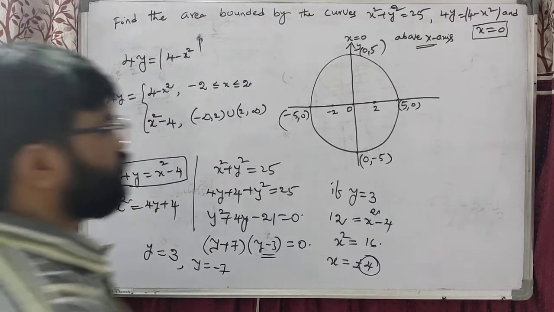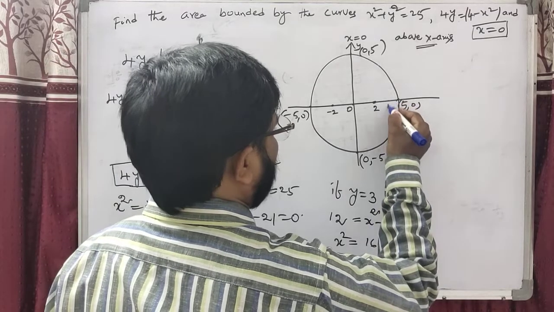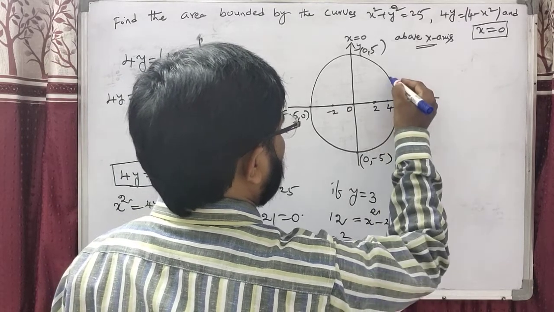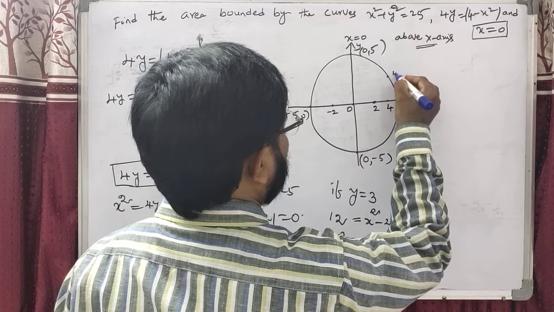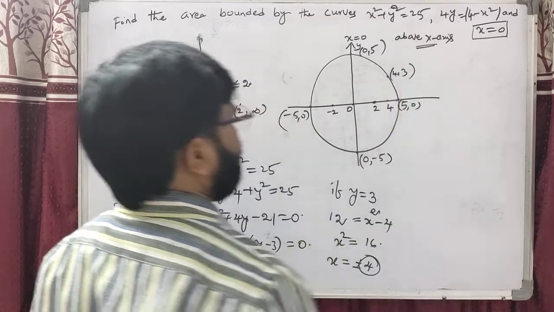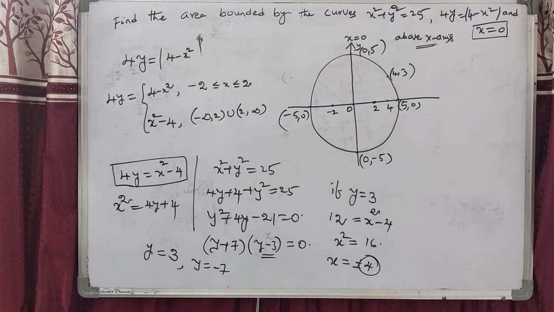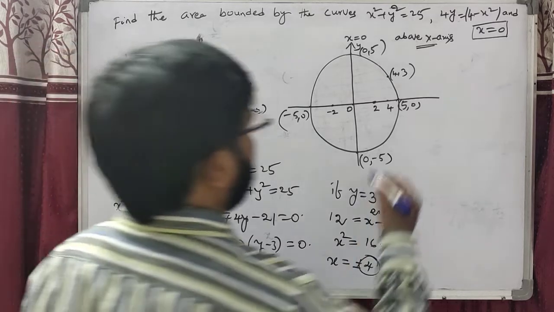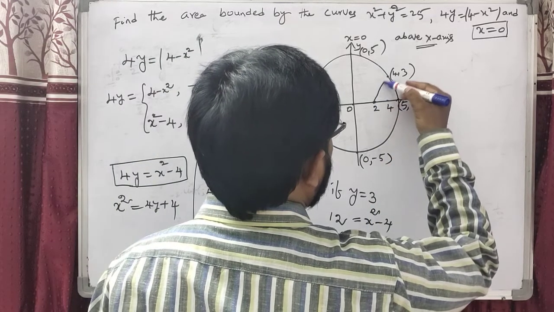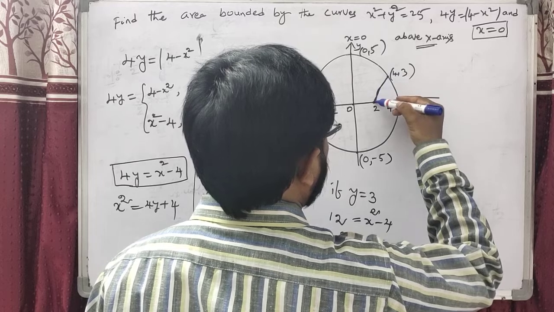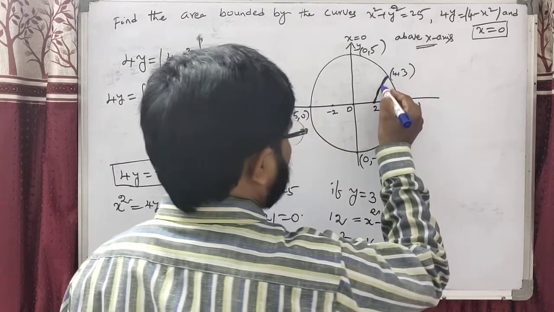Dear students, we can observe, when we are taking the 4, this is the 3. This is 4 comma 3. Now we can draw the graph here like this. This is 4 comma 3. This is the line.